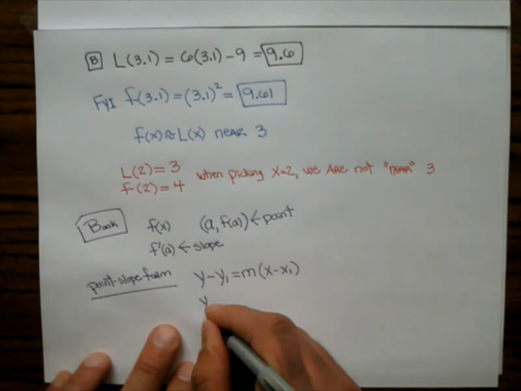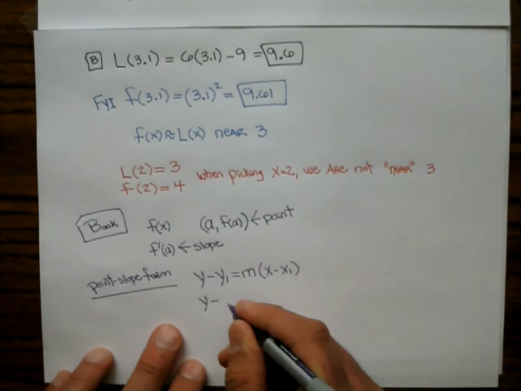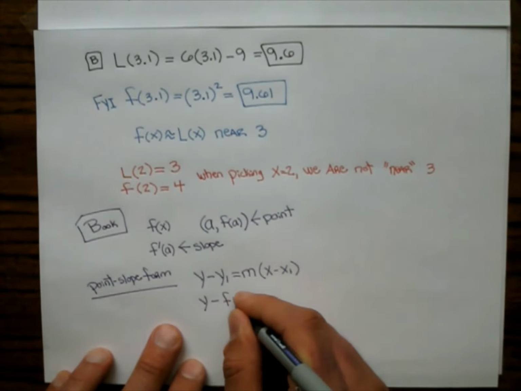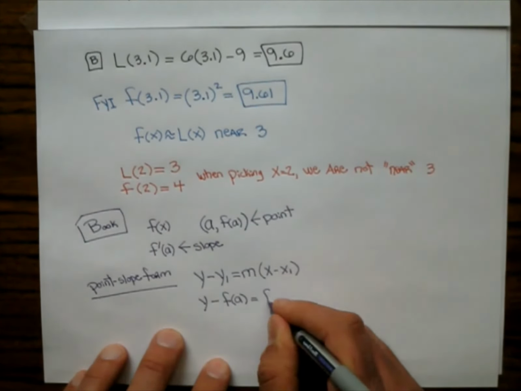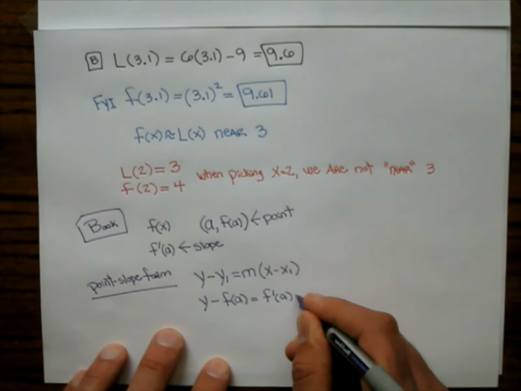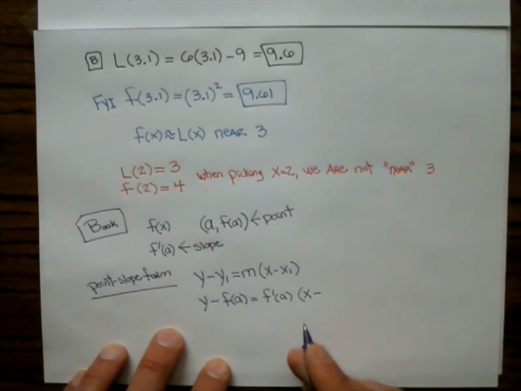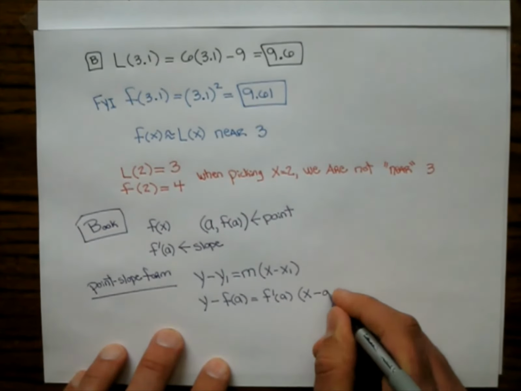So you have y minus, the y value of the point is f of a, equals m, which is f prime of a, times x minus, the x value of the point is a.